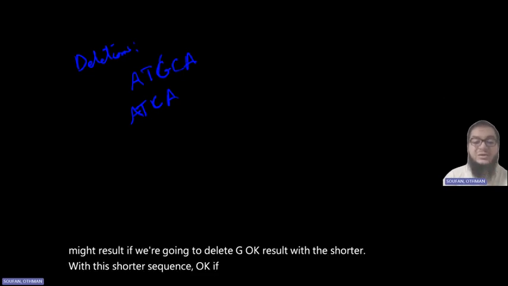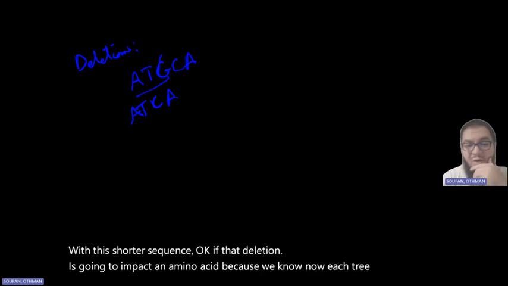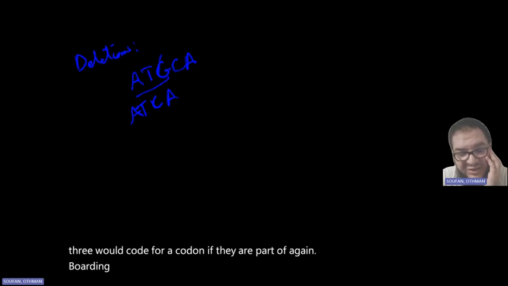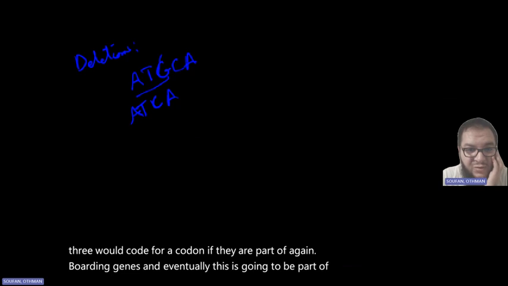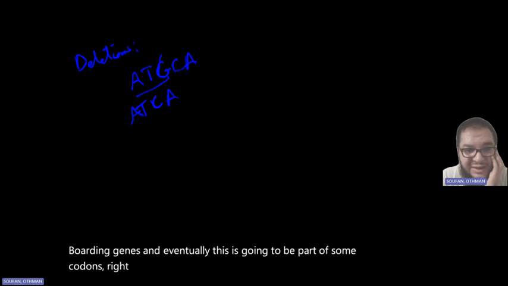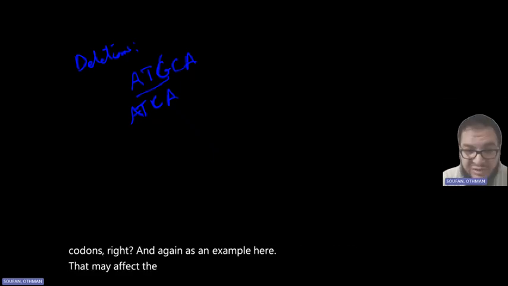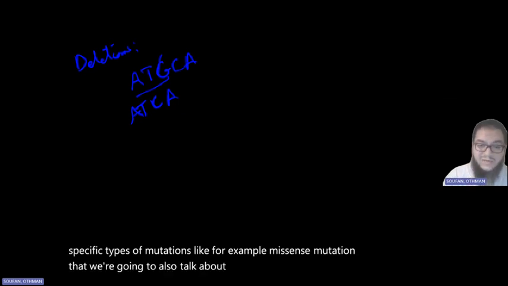If that deletion impacts an amino acid, because we know now each triplet codes for a codon if they're part of coding genes, then eventually this is going to be part of some codons, right? And again, that may affect the production of that protein. There are going to be specific types of mutations, like, for example, missense mutation, that we're going to also talk about. But in general, we have deletion.